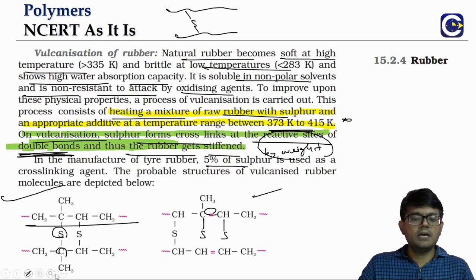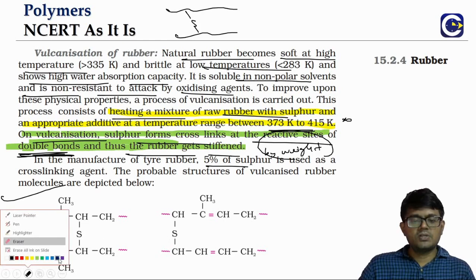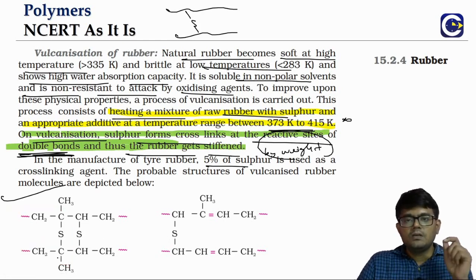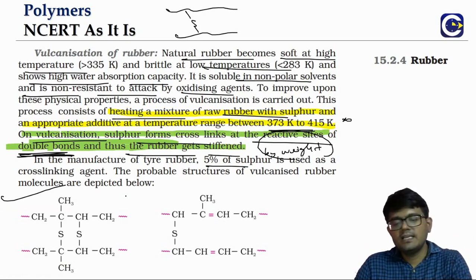Depending upon the amount of sulfur that you are adding, the amount of cross-linking will be decided. More sulfur means more cross-linking; less sulfur means less cross-linking. More cross-linking means the rubber becomes that much more stiff. So this is about vulcanization.